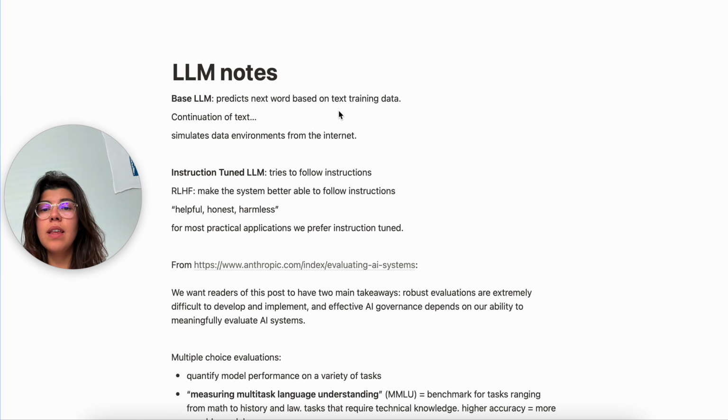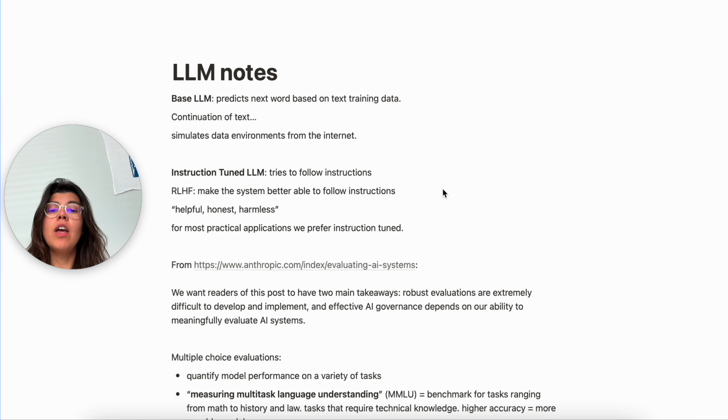So it's been trained, and these models are called base models. Why are they called base models? They have not yet been specifically tuned, which means we have not tried to make them do a very specific task. And that's what RLHF does. RLHF is the acronym for reinforcement learning from human feedback, which is a procedure that allows for additional training so that the model can improve its performance for a very specific task.